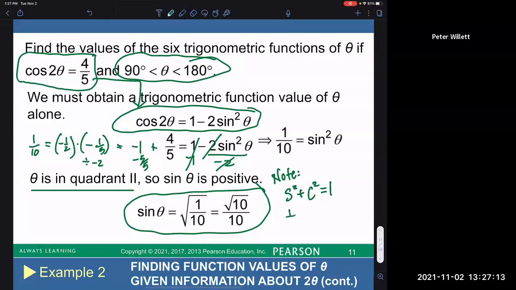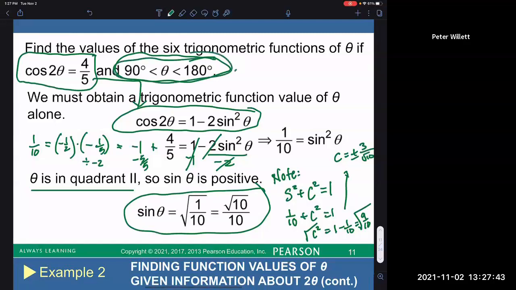So 1/10 plus cosine squared equals 1. So cosine squared equals 1 minus 1/10, which is 9/10. And then if I square root, cosine is equal to the positive or negative square root of 9/10, which is positive or -3 over the square root of 10. And because I know theta is in quadrant 2, cosine is the x value, so I know it's negative. So then I know cosine theta is -3 over the square root of 10.